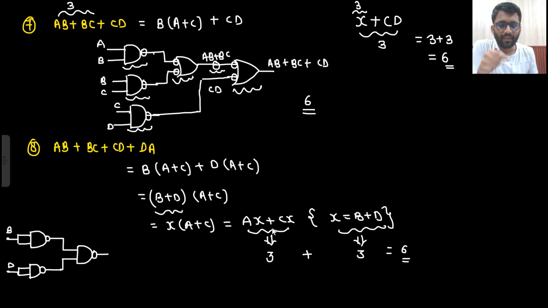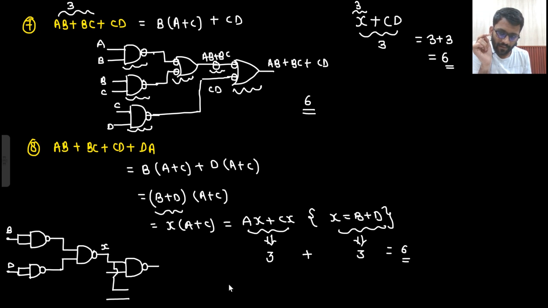And then B plus D, AX plus CX. So this is the X which I was talking about. So this X I will take and my target is to implement AX and CX. So X will go here and A will come. And this X only will come and C will come.